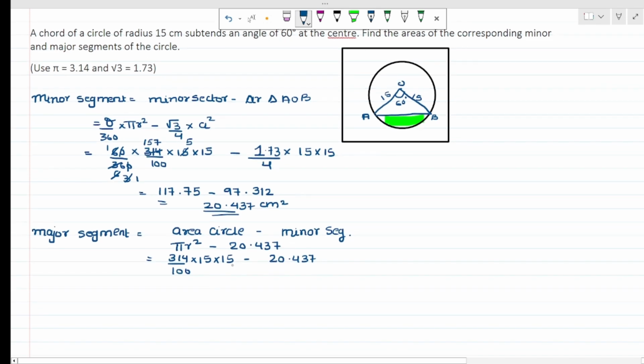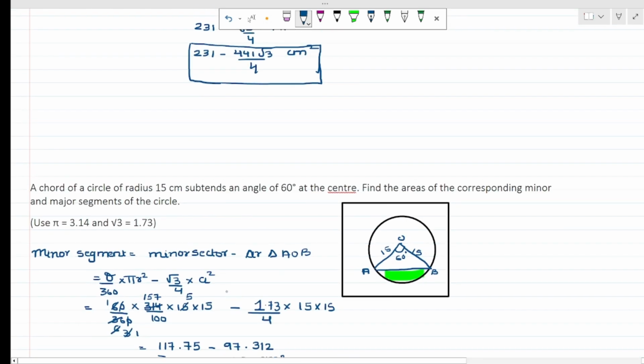Now 15 times 15 is 225 and 225 multiplied by 314 divided by 100. You will get your answer as 706.50 minus 20.437. What will be your answer? Subtract this out, you will get your answer as 686.06 centimeter square. This will be your answer for major segment.